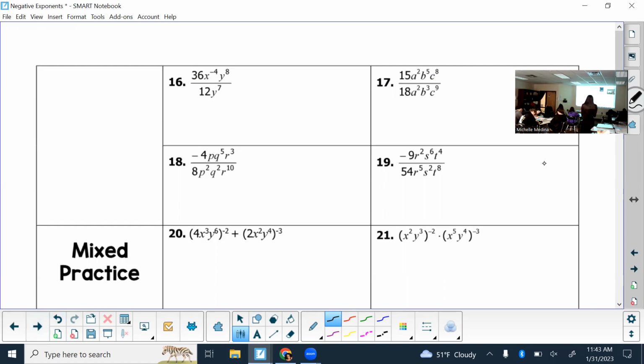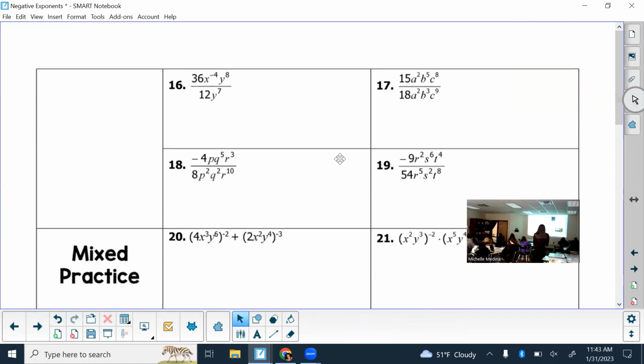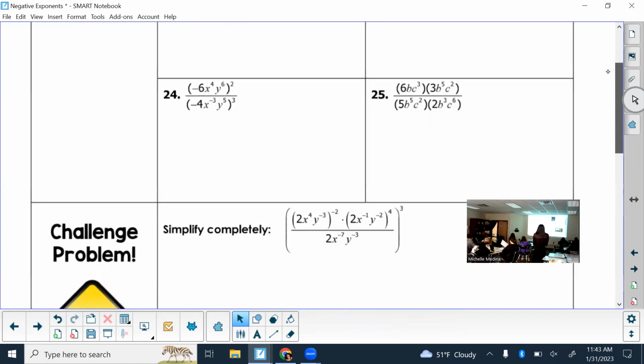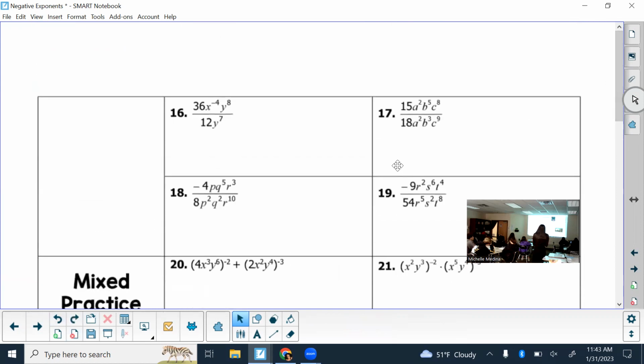Okay, let's look at 17 together. So 17. 15 over 18, that doesn't divide evenly, does it? No, it is a fraction though that can be simplified.